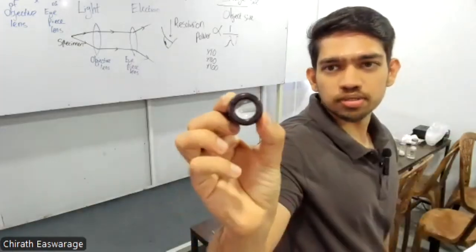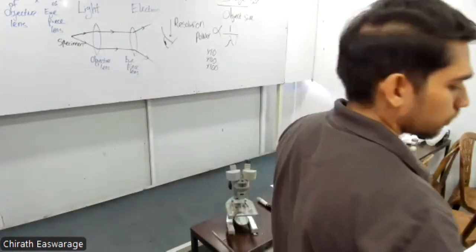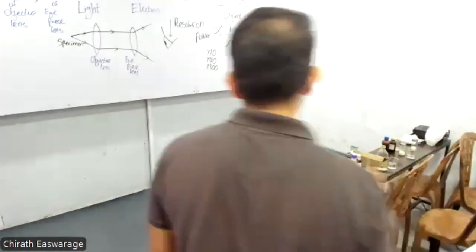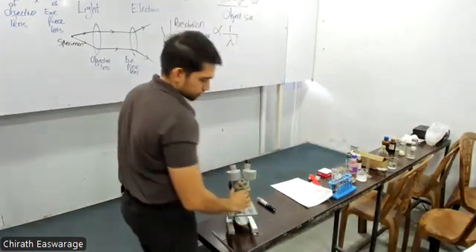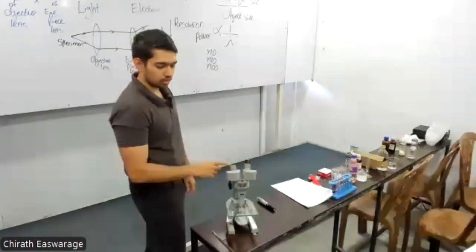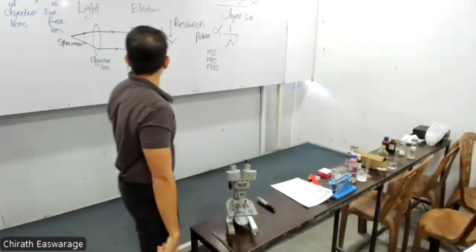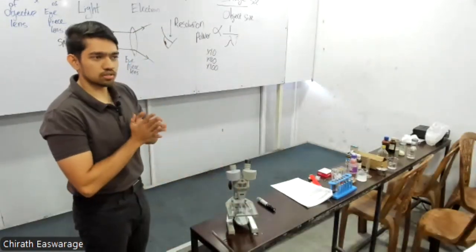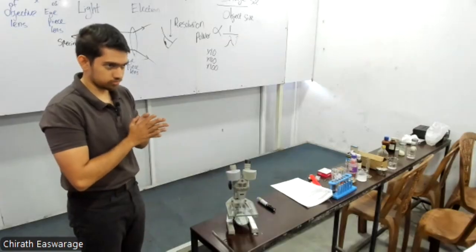Online students, this is the eyepiece. Its usual magnification is about 10 times. So in this microscope, what is the maximum magnification we can achieve today? 10 times 3, 30. Using this equation, we can achieve a 30x magnification.